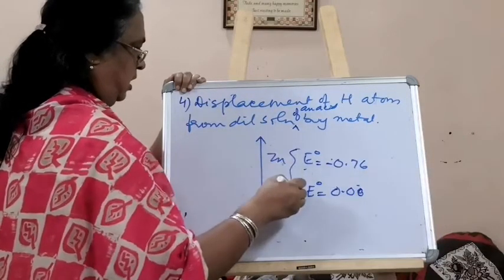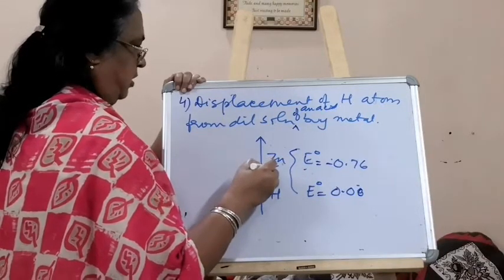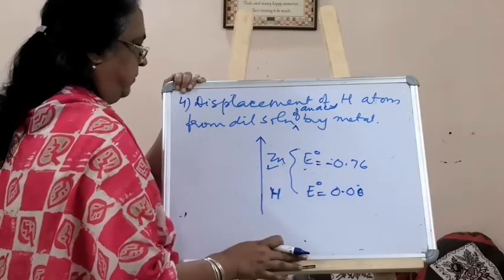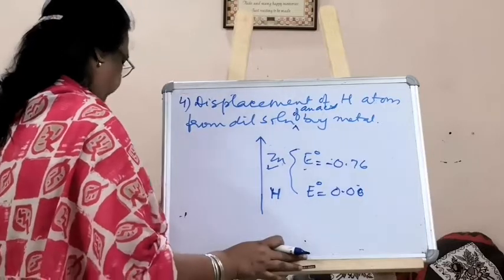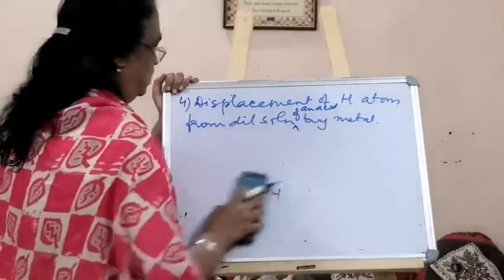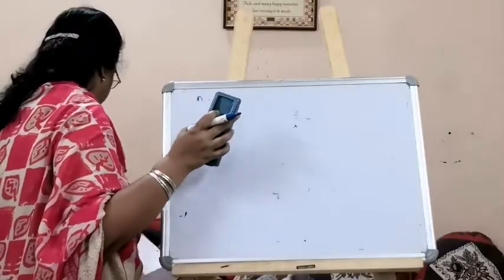That we have seen. Because the metal whose reduction potential is less than the reduction potential of hydrogen will be able to replace hydrogen from it. That is, it will bring about the reduction. The process is of reduction.